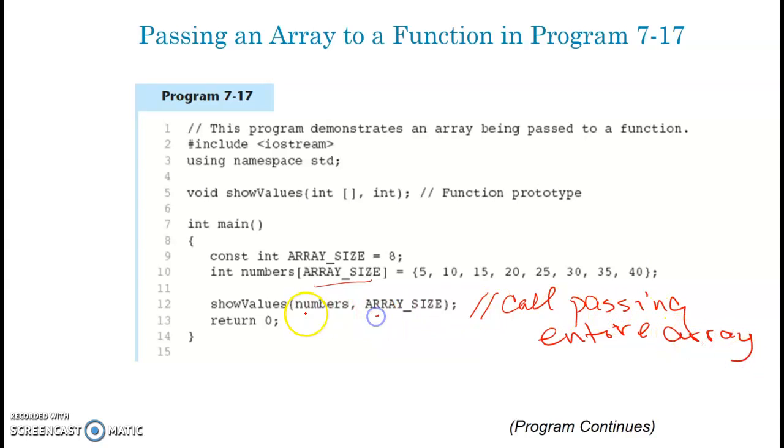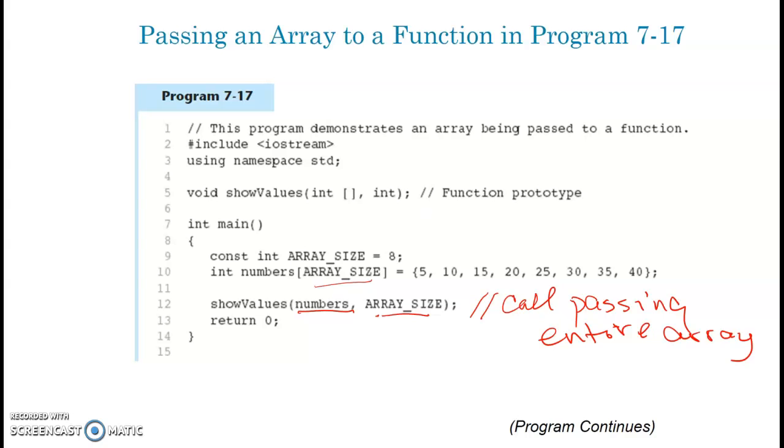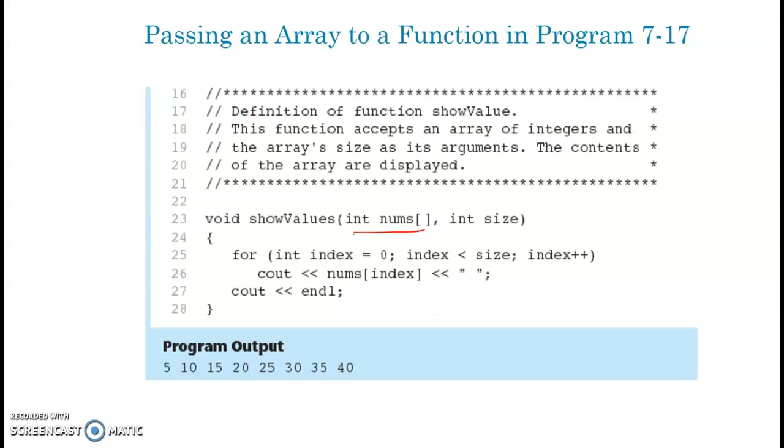And so here we can see numbers, which is the array itself, and then we can see the size of the array being passed at the same time. Here in show values, we can see that the array, which we called numbers, is going to be represented by the variable name nums in the body of the function.